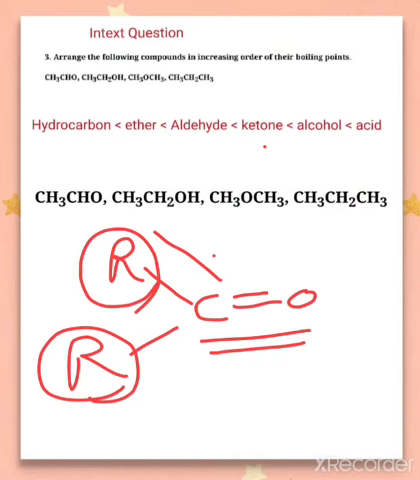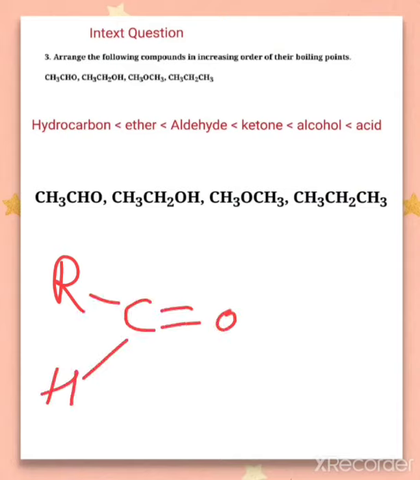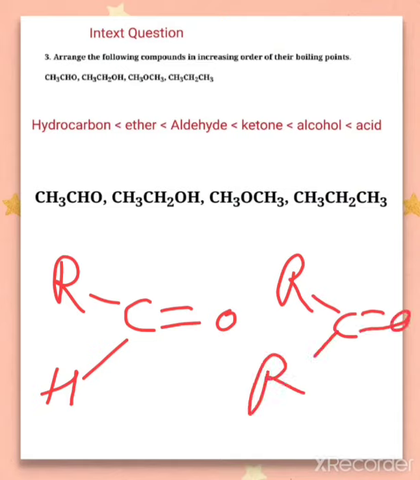So compared to aldehyde, ketones have a higher boiling point, because in aldehyde only 1 alkyl group is there and the other is H, but in ketone 2 alkyl groups are there. Therefore this bond will be more polar.